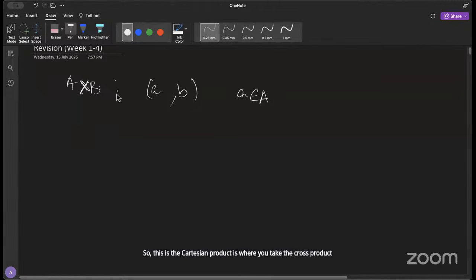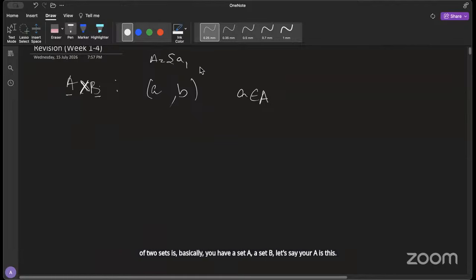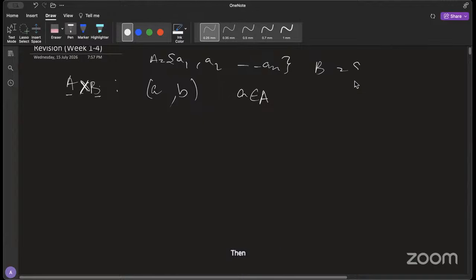The cross product or Cartesian product of two sets is basically, you have a set A and a set B. Let's say your A is A1, A2, and so on till An. Then you have B, where B is B1, B2, and so on till Bm.